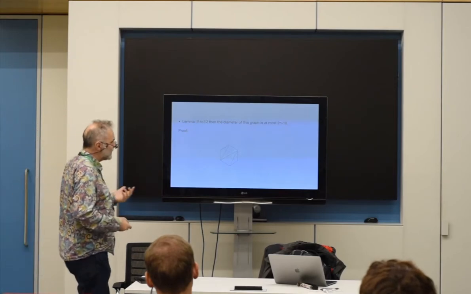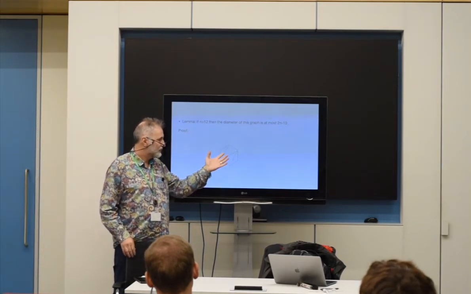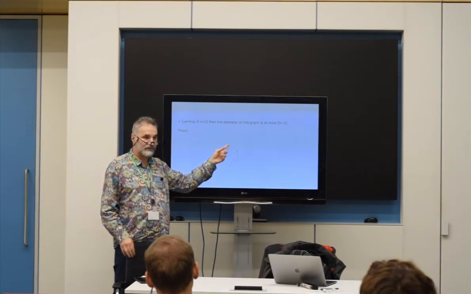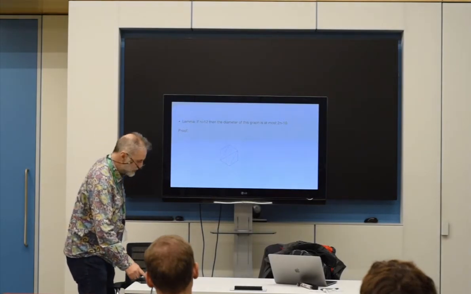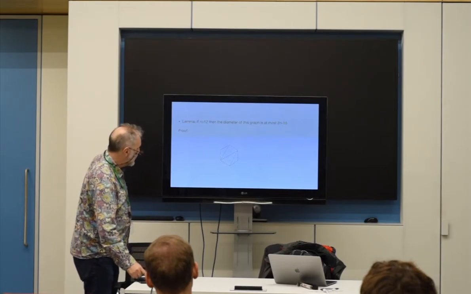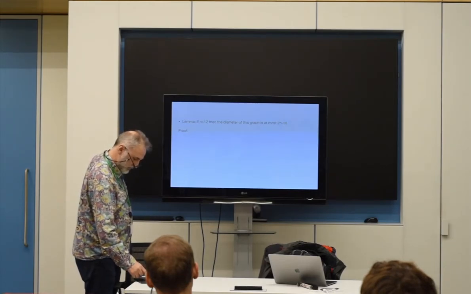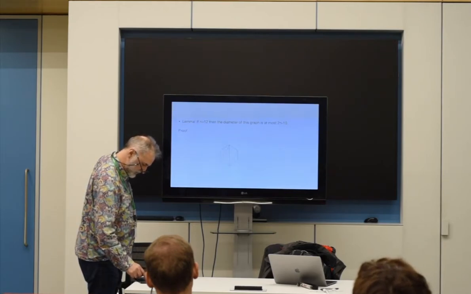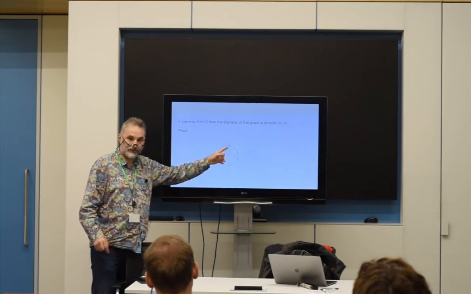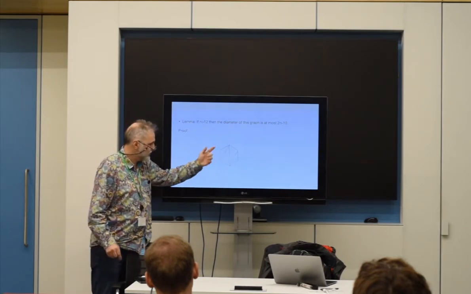So I'm going to try to figure out how long it takes me to go from this polygon to the one that has all the diagonals here. I'm starting by flipping the first one, and then I'm going to flip the next one.